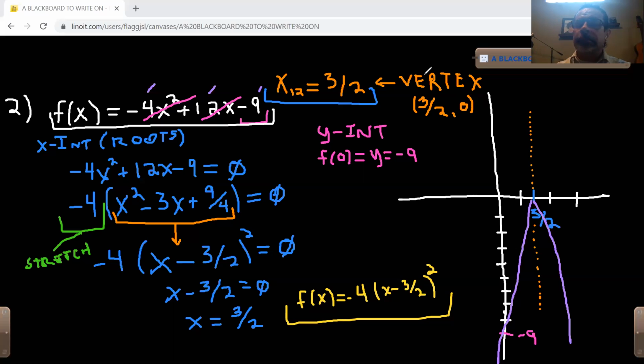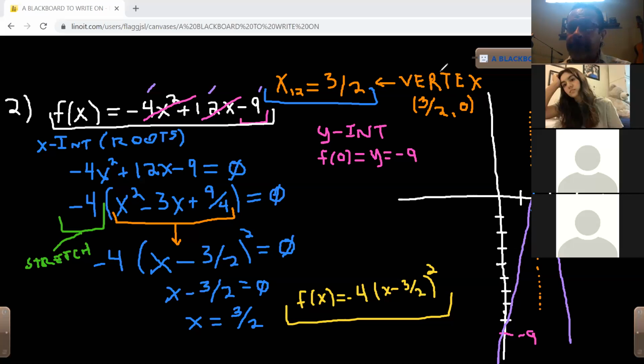I have a question. Yes, go ahead, Estrella. Yes, it's because, for example, we always graph just by looking at the function, so what will happen with the plus 12? What do you mean? Like, for example, if we have plus 12, we will shove.